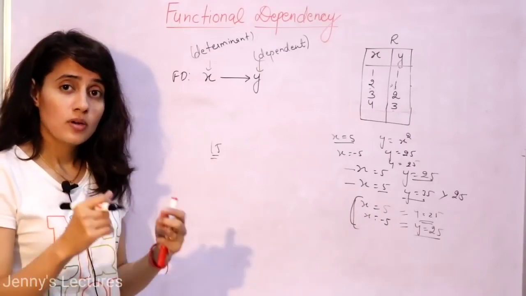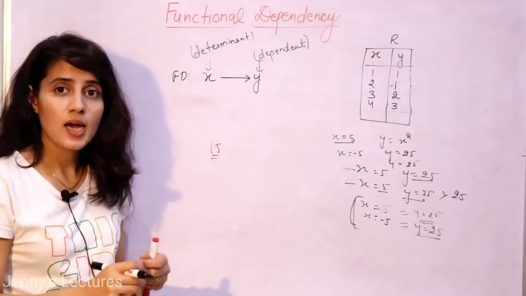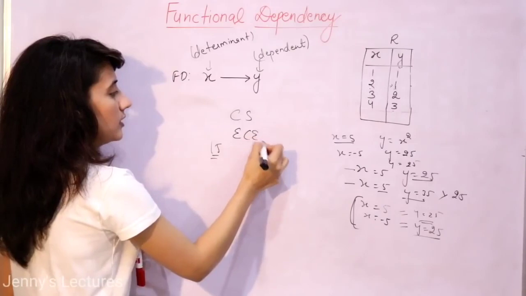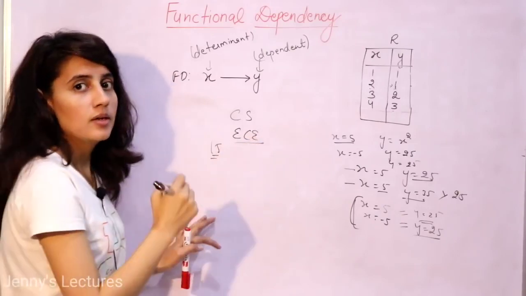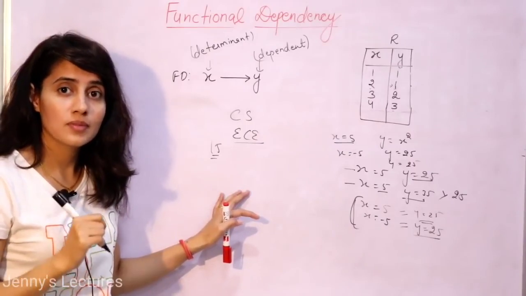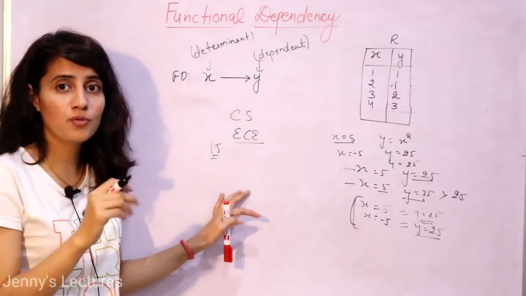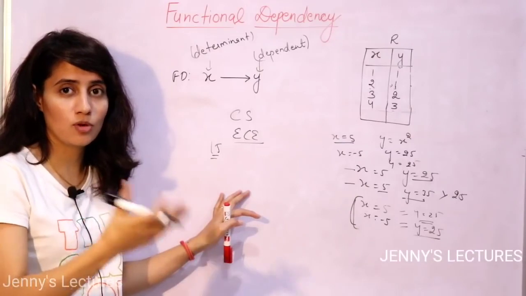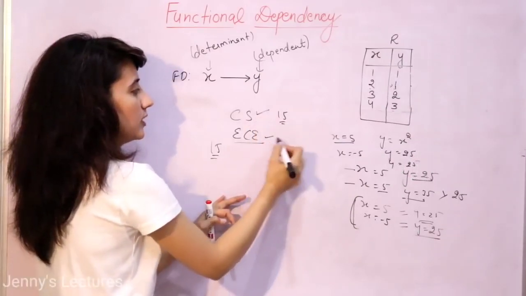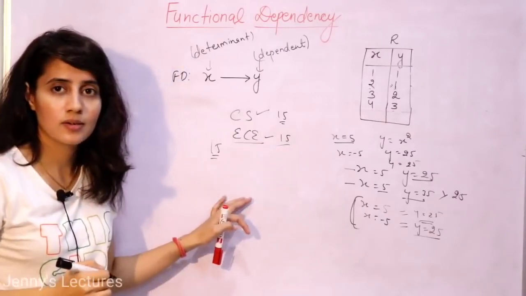But now suppose in a seminar hall I am taking a class, and there I have students of the CS as well as the EC department, right? Now there if I say roll number 15, tell me your name, then I cannot determine with the help of roll number what the name of roll number 15 is, because in CS also there would be roll number 15, in EC also there would be roll number 15.